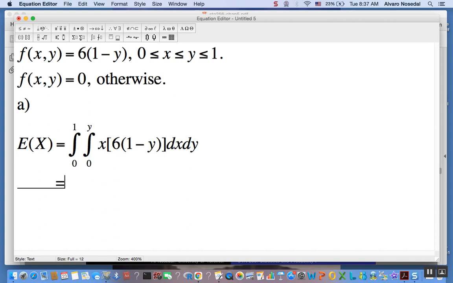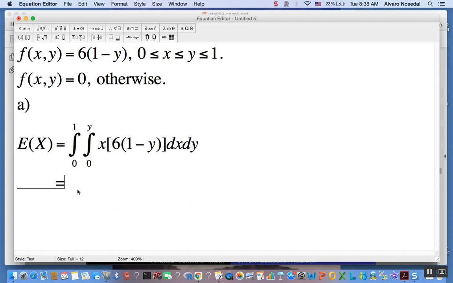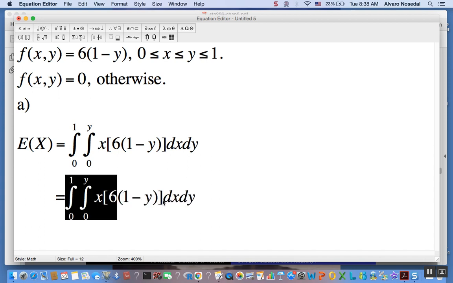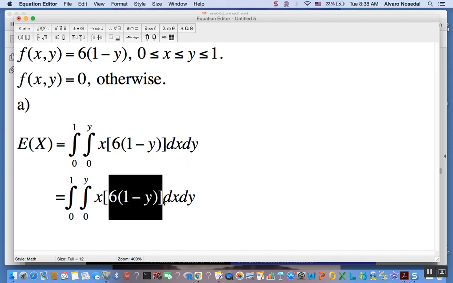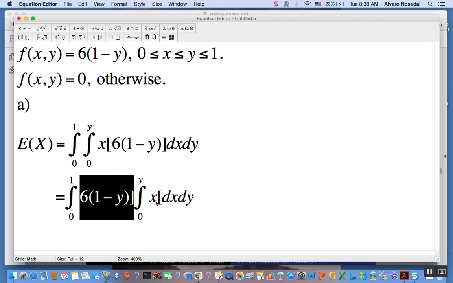Let's do that integral. Note that we are integrating with respect to x first, so 6 times 1 minus y is just a constant with respect to x. So I'm going to be factoring that out.